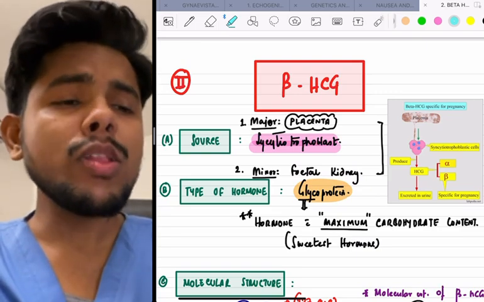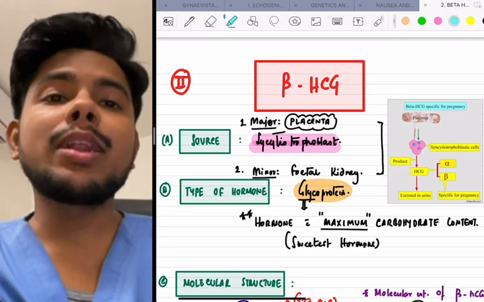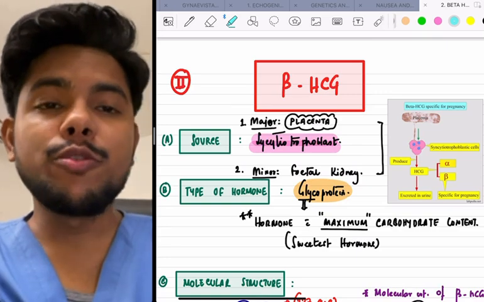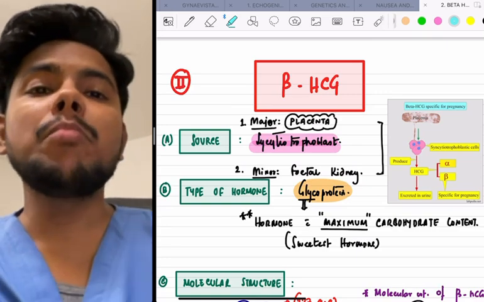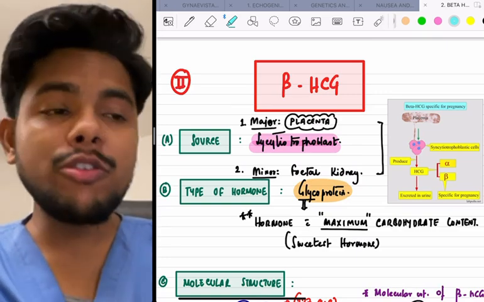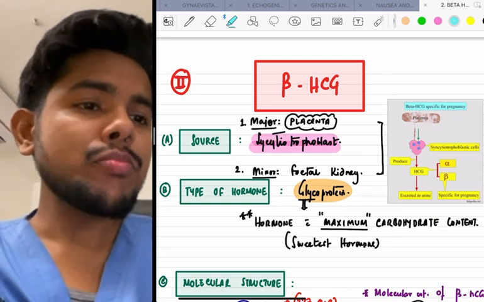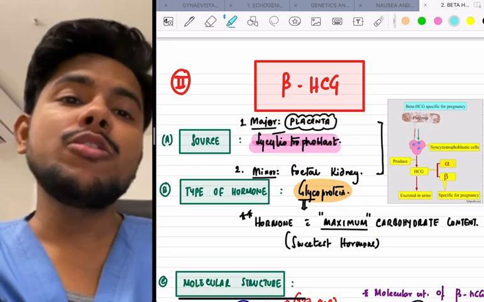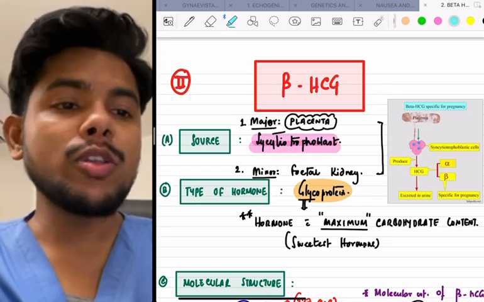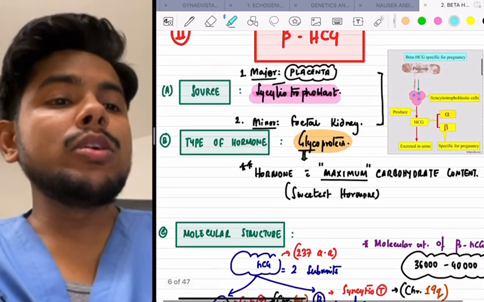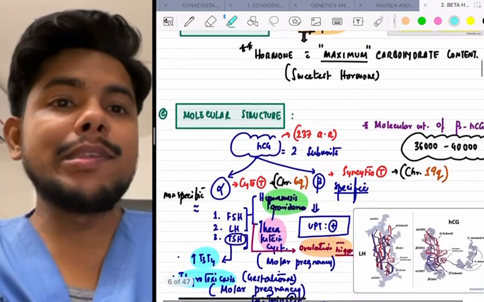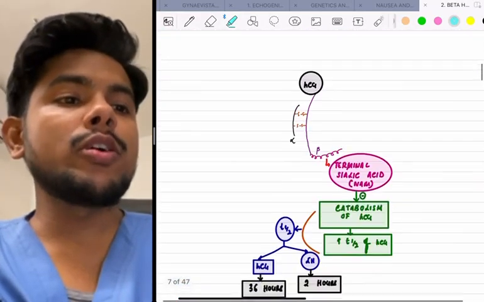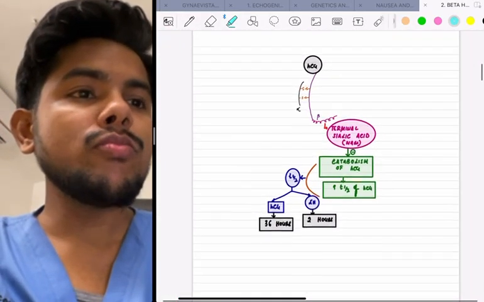Okay, and we all know it's a glycoprotein. It's a hormone with the maximum amount of carbohydrate component, and it's almost like 70% protein and 30% sugar or carbohydrate. Okay, now if you see the molecular structure of hCG, I want you to focus on this picture.